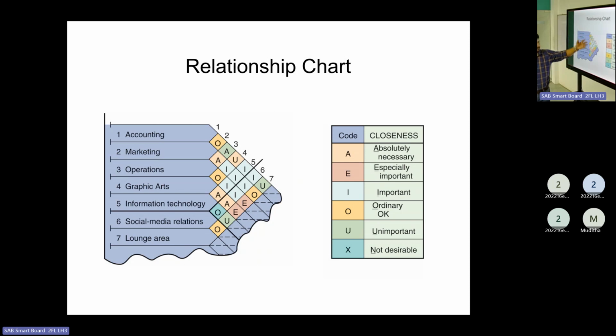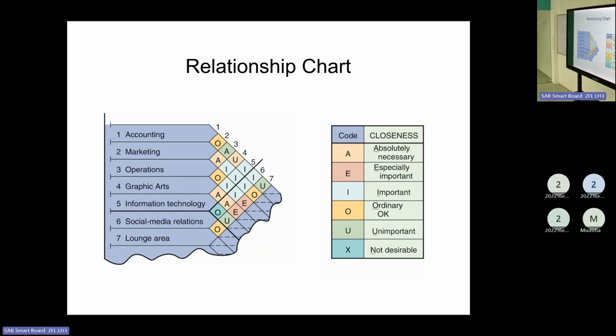And then there is the coding A, E, I, O, U, and X. A for absolutely necessary, E especially important, I important, O ordinary, okay, you know the difference, right? And then U unimportant, and X not desired, so undesired.